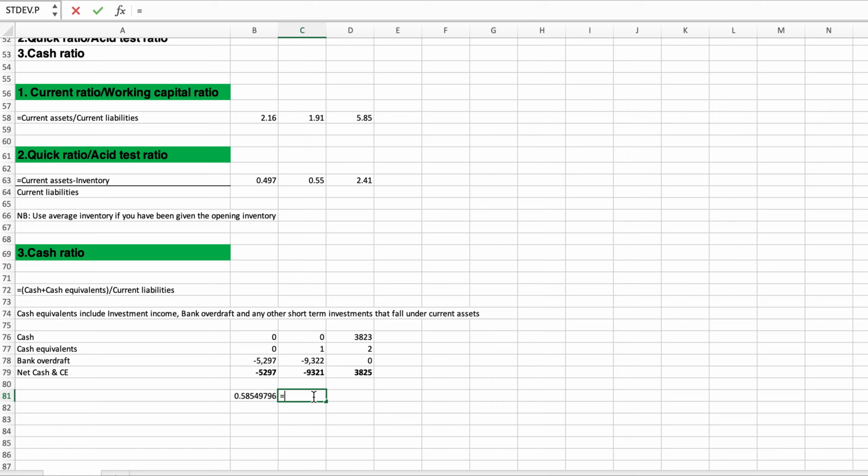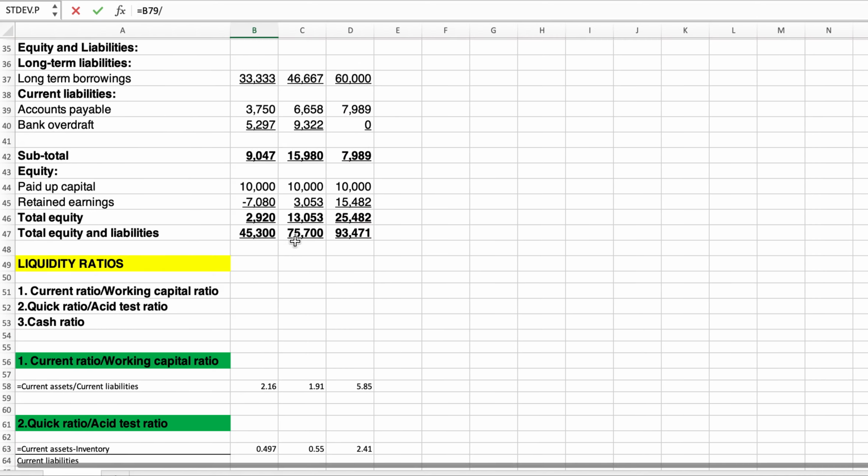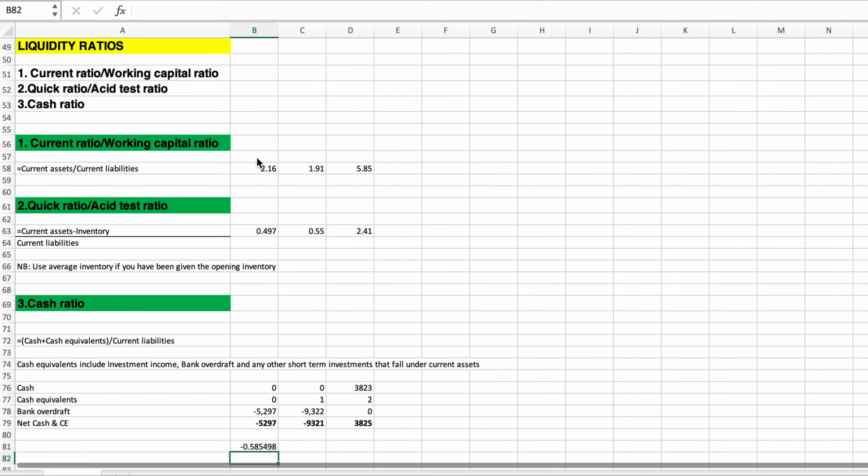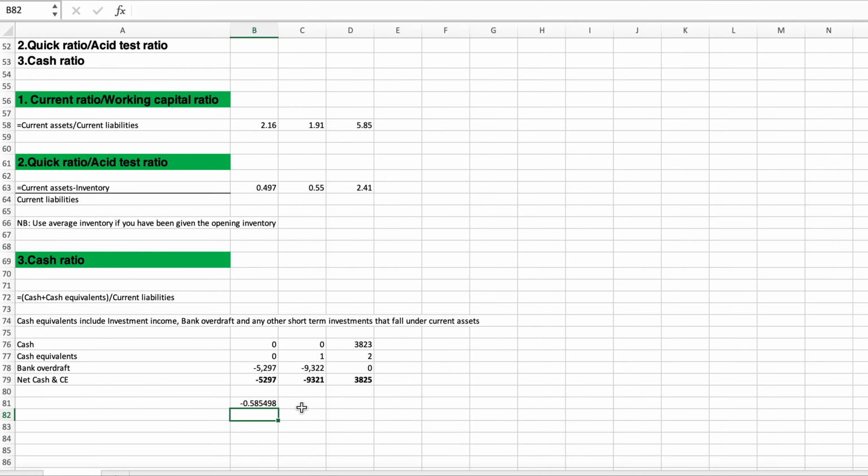Our net cash and cash equivalent is negative 93.21. Here in this year 2020, we said that cash ratio is given by our cash and cash equivalent, which is the net. We divide by what? We divide by the current liabilities. Okay, I hope I'm clear.